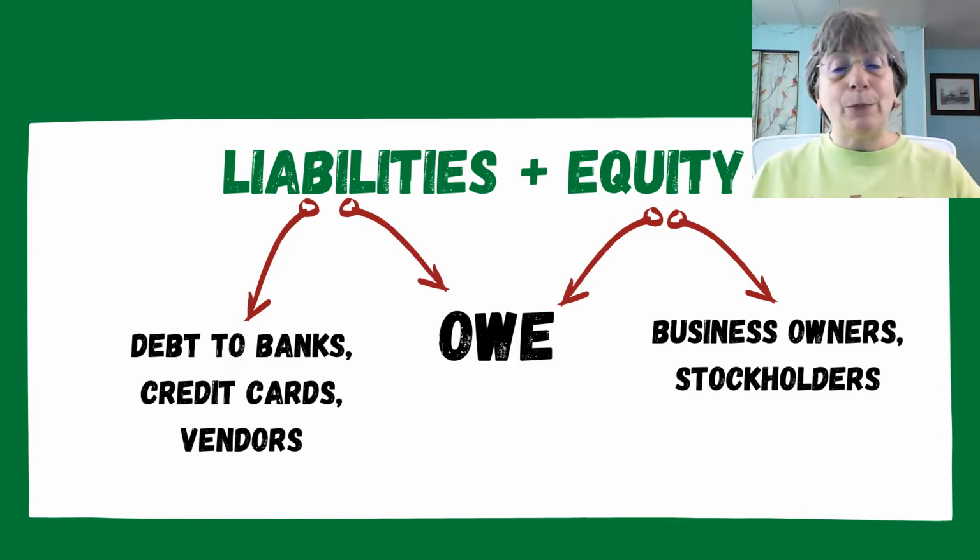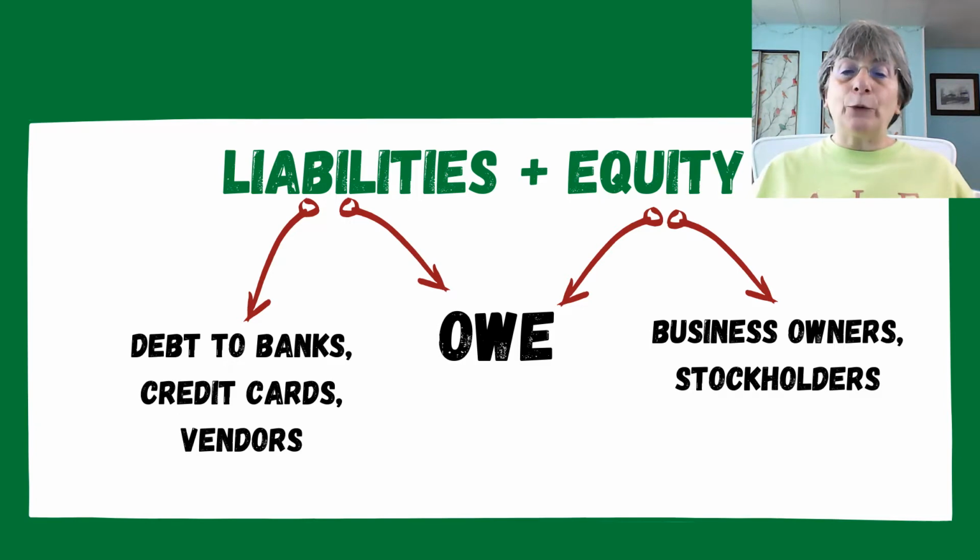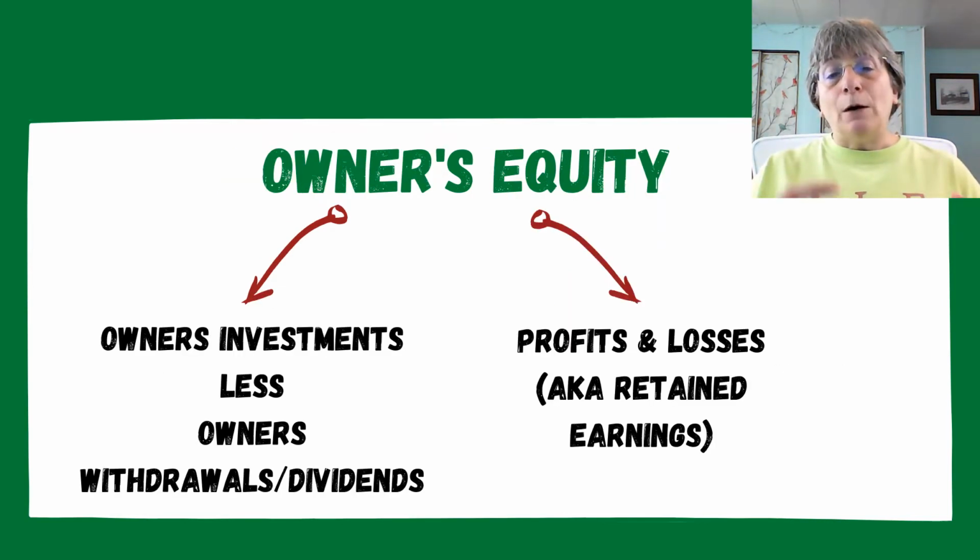Because they have invested money into this business and we owe them that money. Now, I want to talk specifically about this owner's equity part of this because this is the key to understanding normal balances. Owner's equity is made up of the owner putting money into the business, whether as a sole proprietor or as a stockholder where you're buying stock in a business. So you're giving the business money. So that is an owner investment.